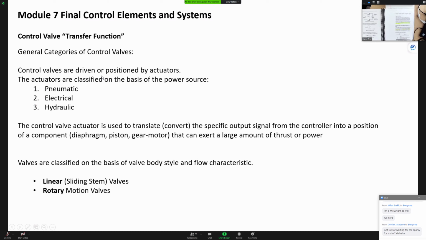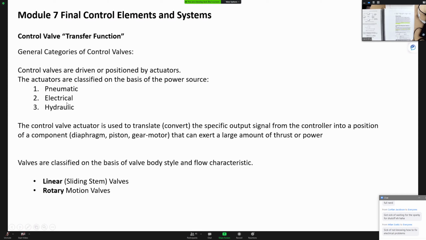General categories of control valve: it can be pneumatic, electrical, or hydraulic. Control of actuator, usually they translate a special output signal from the control into the position. The most common in automatic control is either a current signal or voltage signal to activate them.